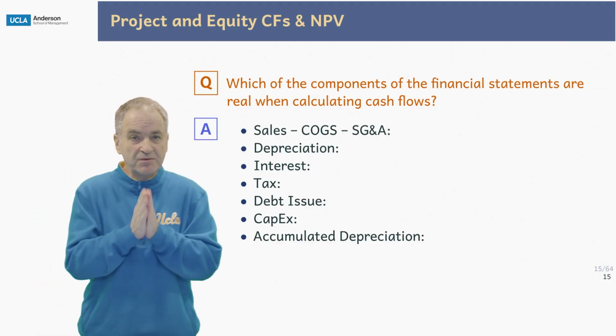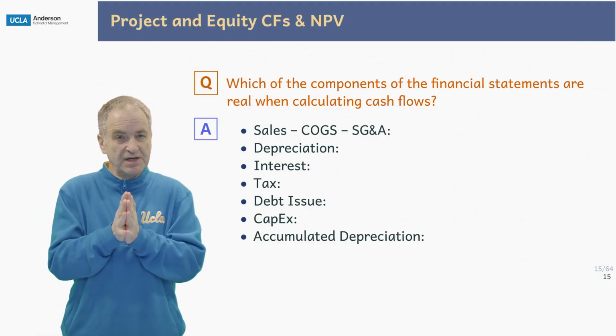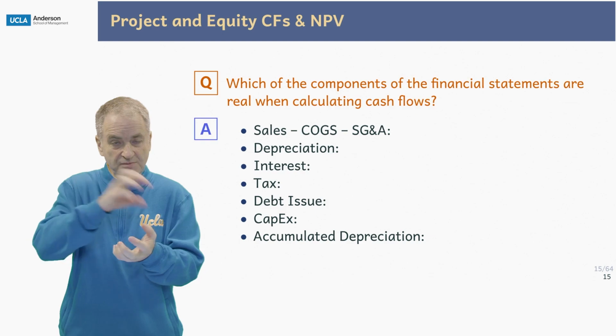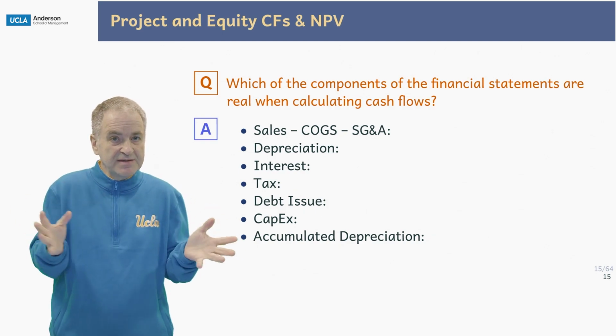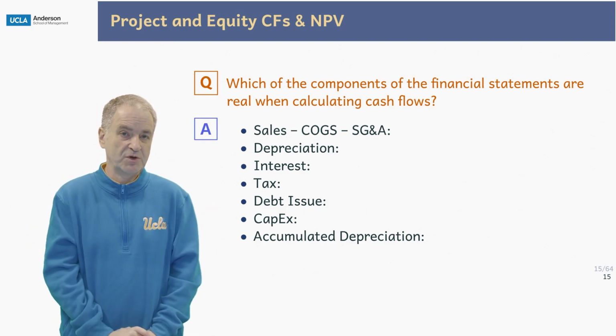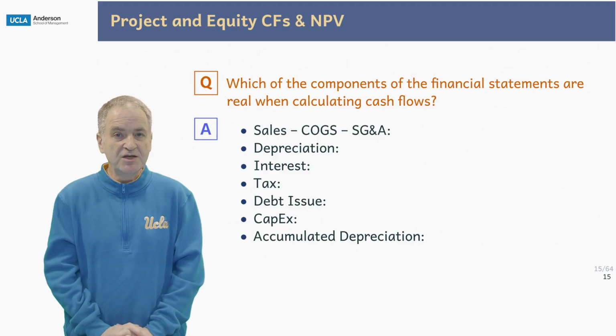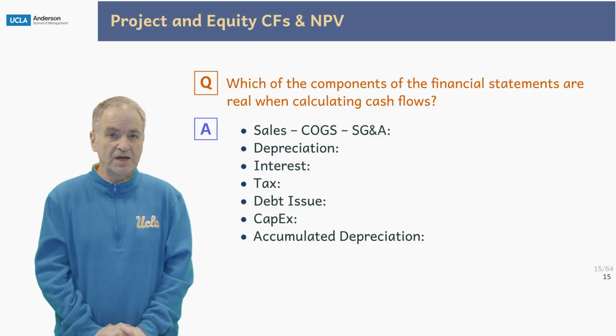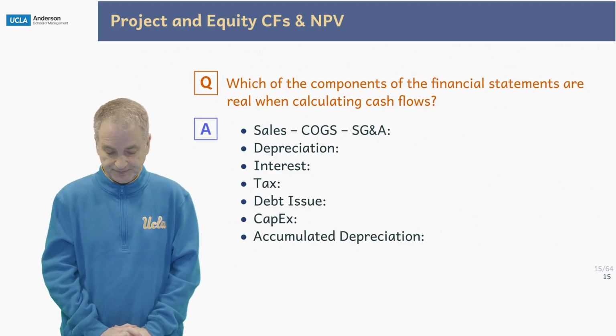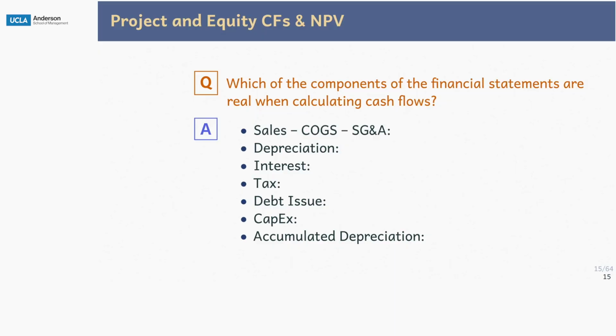And what I mean by real is what are the numbers that really happen at that moment in time, and what are things that we've manipulated for accounting purposes. Think about this. In each one, write either real or fake. Please pause this video now, answer the question on a piece of paper, and then continue.